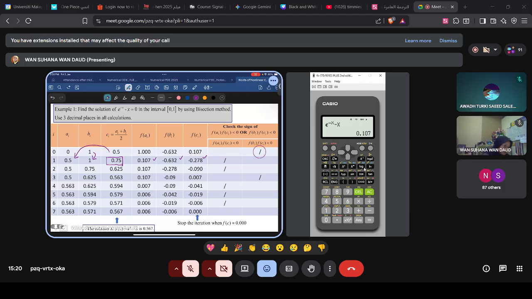Now you check f(a)f(c). Yes, it satisfies the intermediate value theorem because f(a) is positive and f(c) is negative, so a remains and c will replace b. I believe most of you already understand this process, so I'm not going to go into detail, but you have to remember how to compare and how to get the value.